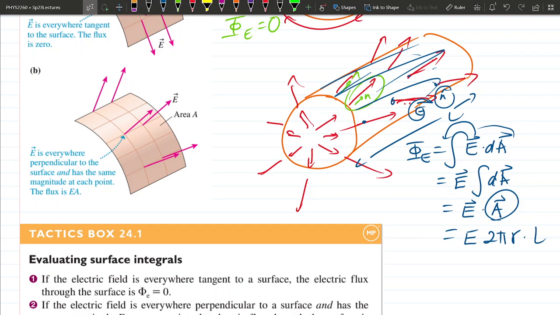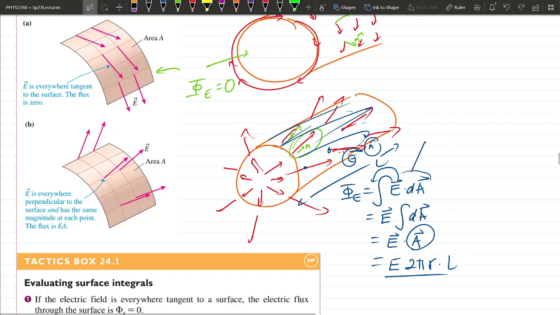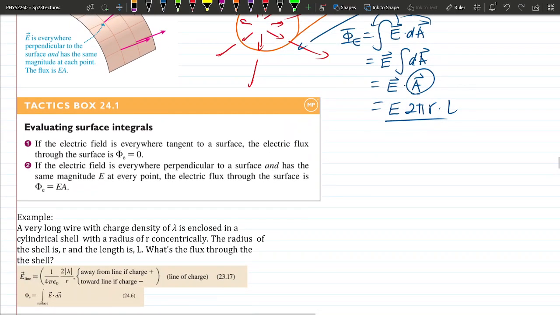Then you can calculate the electric flux simply. So whenever you see a problem where you end up doing some crazy integral inside there, something probably went wrong. I'm not going to give you a problem that does that. So there's the case where the flux is 0, and there's the case where flux is just the electric field strength times the area.